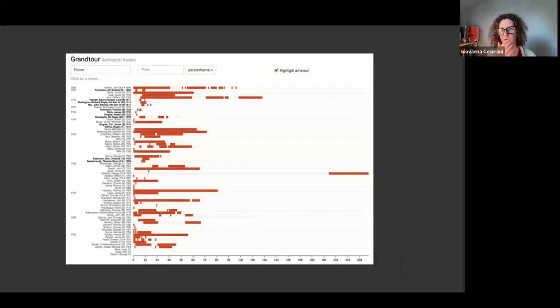What happens if we put Rome? Rome prevails, like red is the dominant color in this. And in fact, what you come to see is almost that it's a prerequisite to being defined as an architect to have visited Rome. Almost all the travelers went to Rome, and this is where they spent the most time.